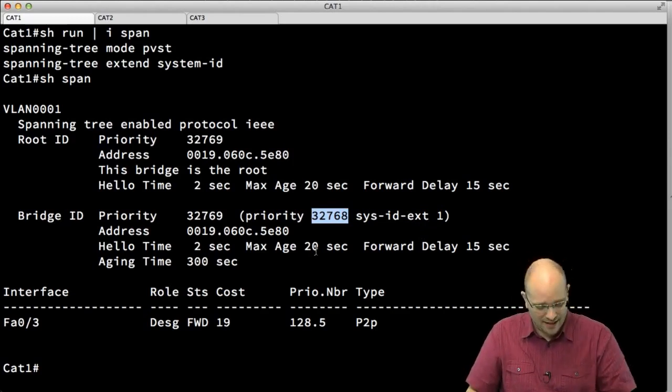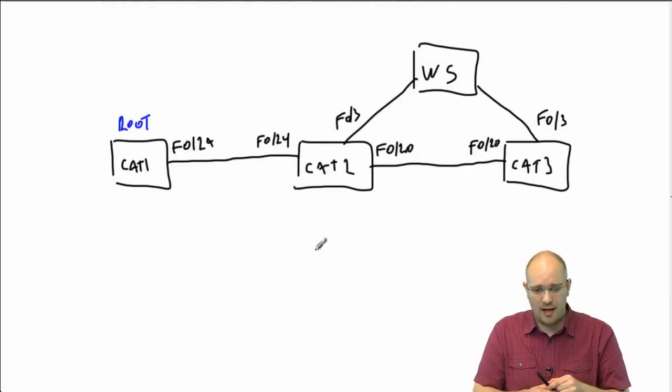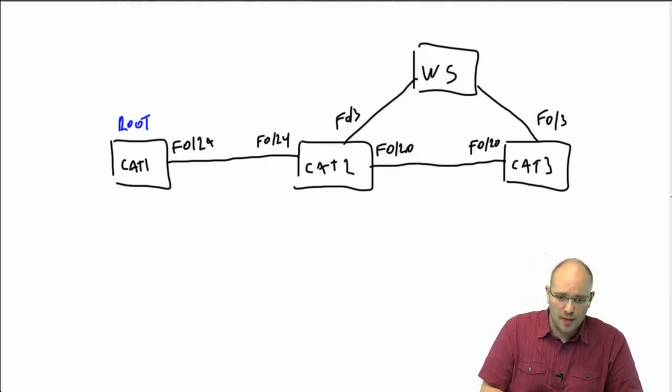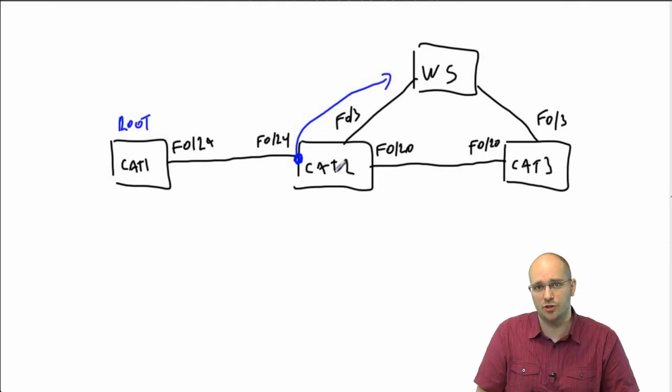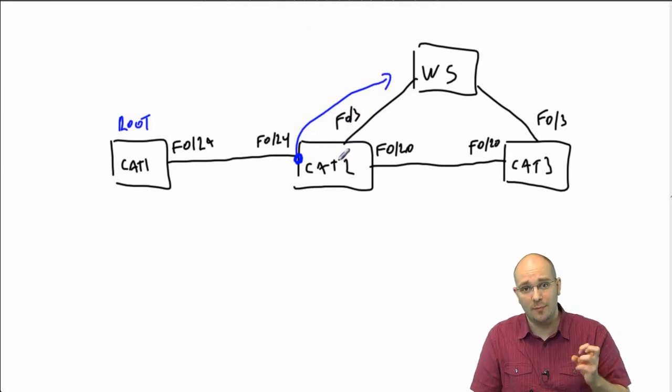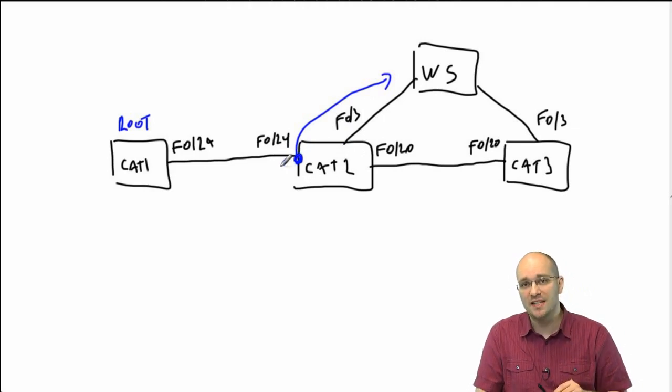What I'm going to do next is go and configure on Cat2 a monitoring of traffic from port FastEthernet 0/24 to my Wireshark. I want to export a copy of these frames to my Wireshark, and I want to be able to capture them, so that when this interface comes up, when I bring it out of shutdown, I want to see what is happening.